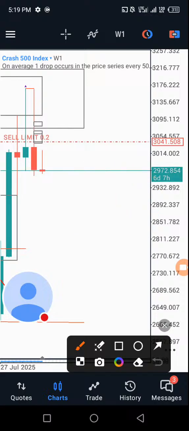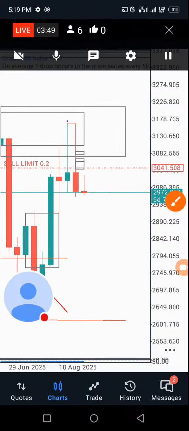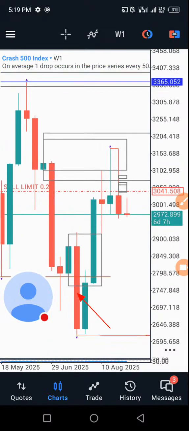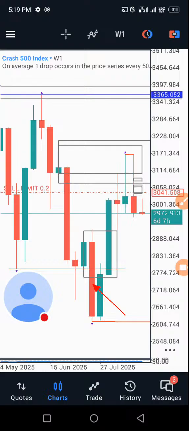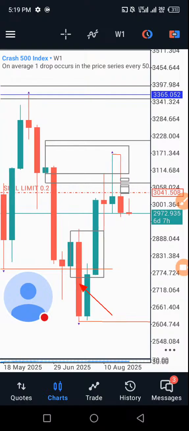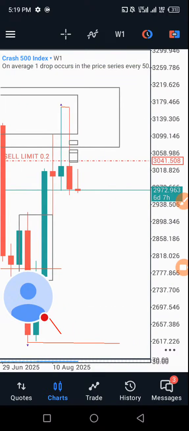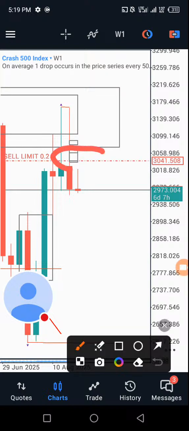Yesterday we just used Crash 500 as a case study, and some of the things we highlighted on Crash 500 are things that will really help inform our decision. If you notice now, I've placed a sell limit here because I'm anticipating price to come here, maybe against tomorrow's... a new month is starting tomorrow, for the month of September, but we are already in a new week.